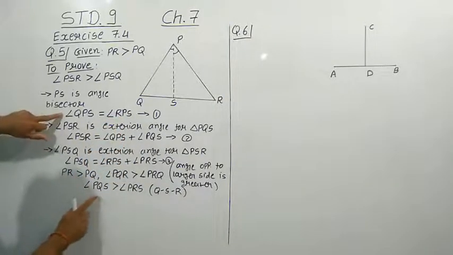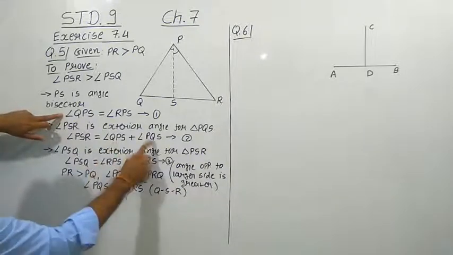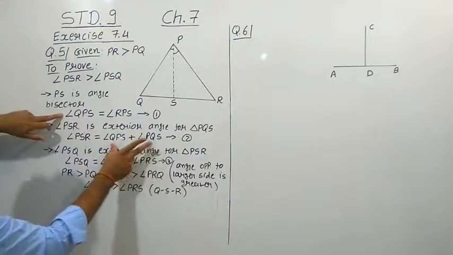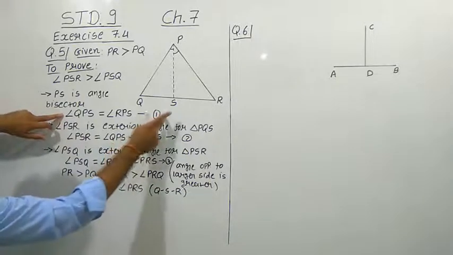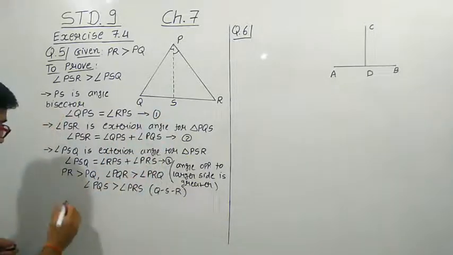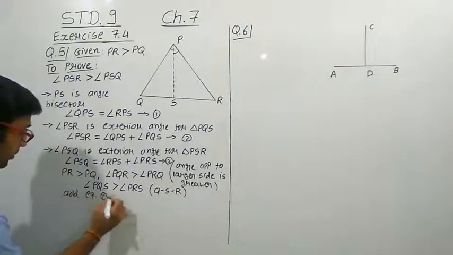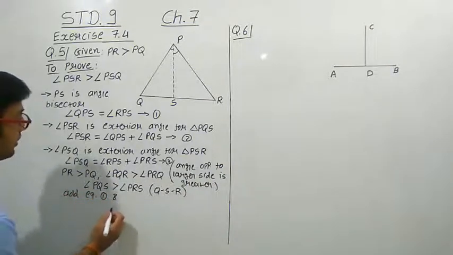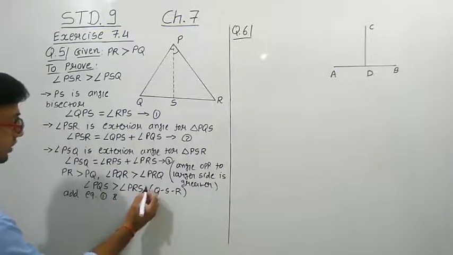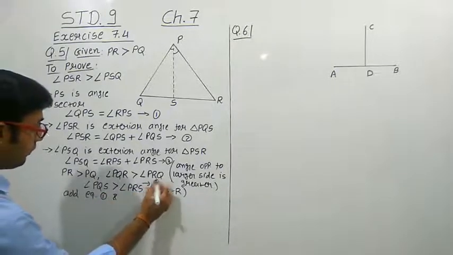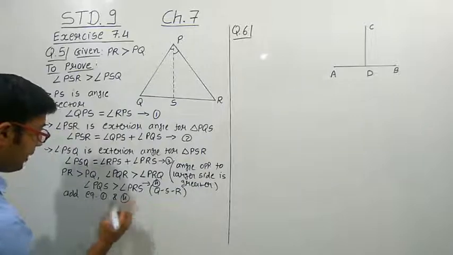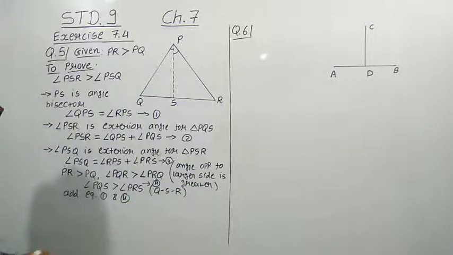Angle QPS plus angle PQS. So let us add 1 with 3. Give it equation number 4. So if we add 1 and 4, what are we getting?